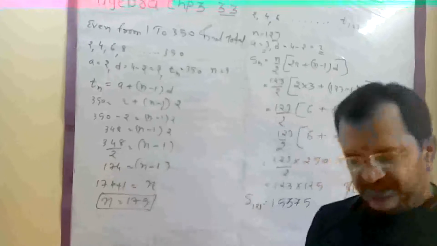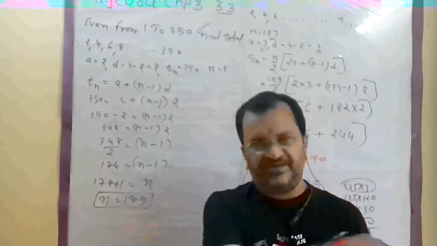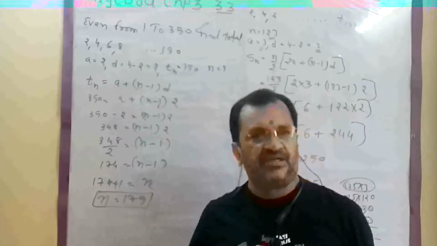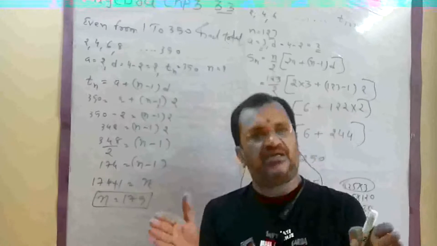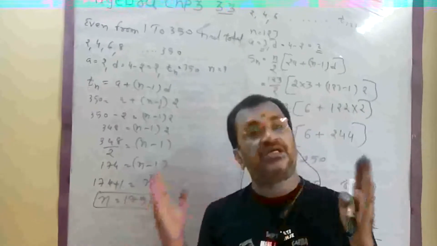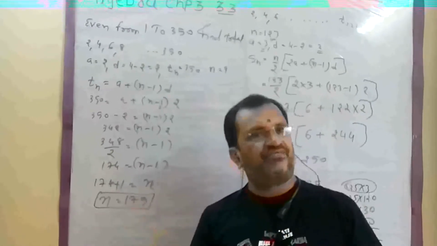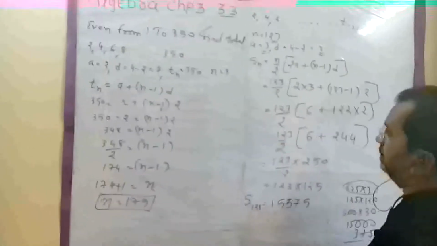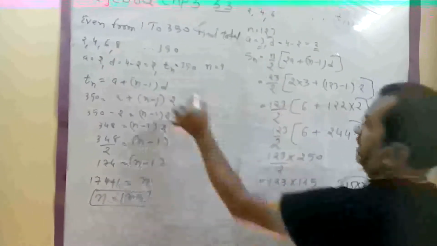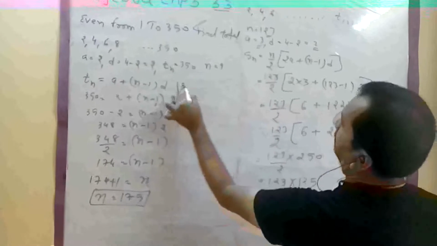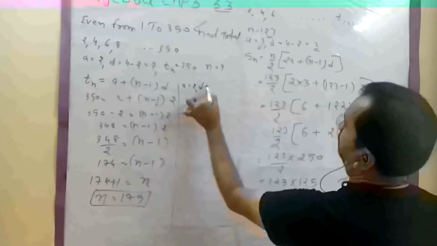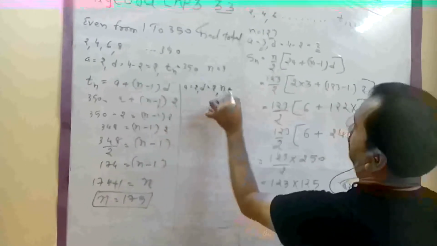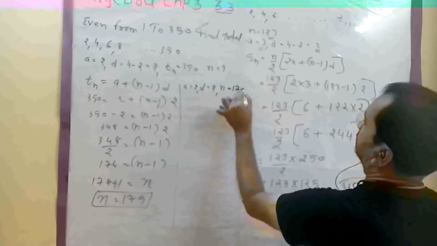I told you that exactly half the numbers are always odd and half even. For example, 1 to 10, 5 or 5; 1 to 100, 50 or 50 even. Now we want Sn. A is equal to 2, D is equal to 2, n is equal to 175.